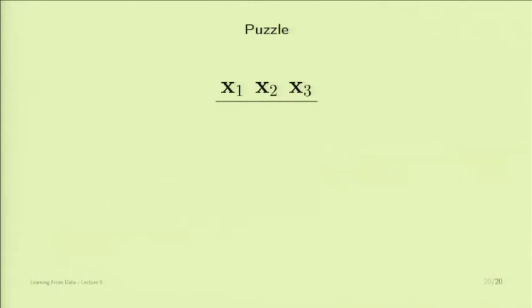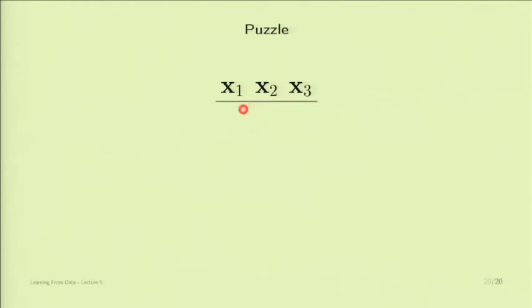I am putting 3 bits on every row. I'm trying to get as many different rows as possible under the constraint that if you focus on any 2 of them, so if I focus on x1 and x2 and go down the columns, one of the possible patterns for x1 and x2 must be missing, because I'm saying that 2 is a breakpoint, so I cannot shatter any 2 points.